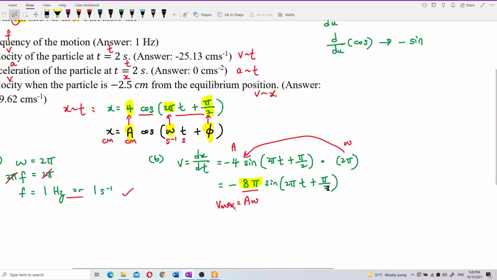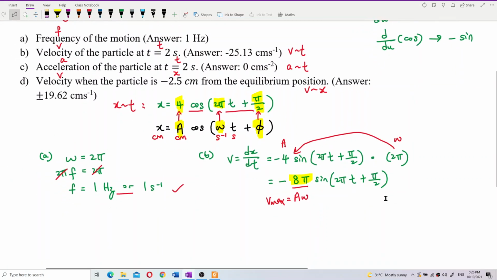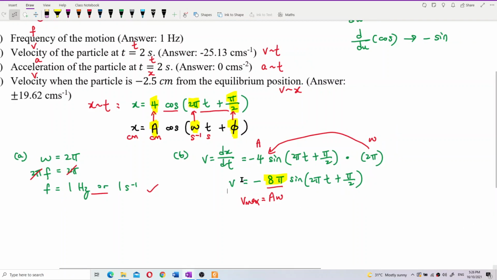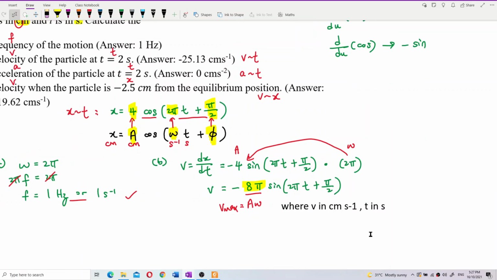So we got the velocity equation already. This is the velocity equation. Remember, don't just write the equation. You must also give the unit. What's the unit? V is in centimeter per second, time in second.